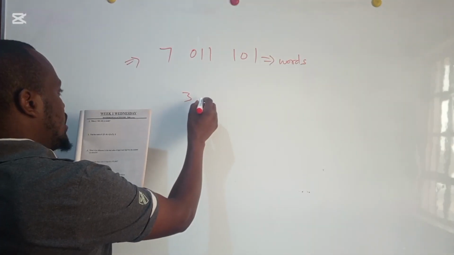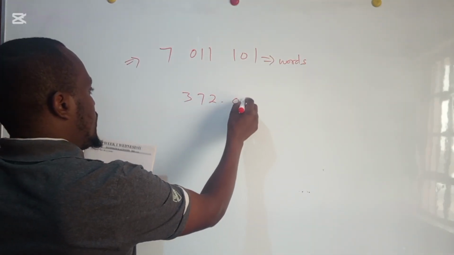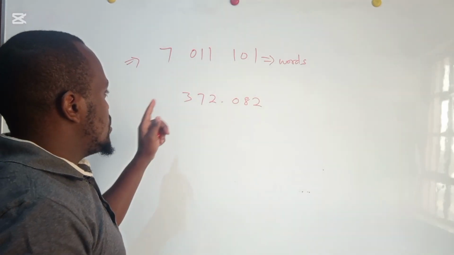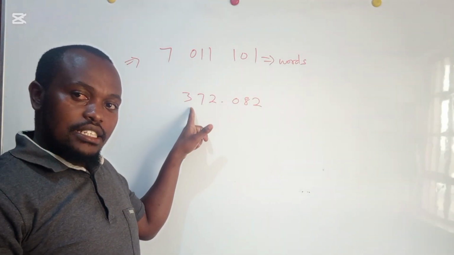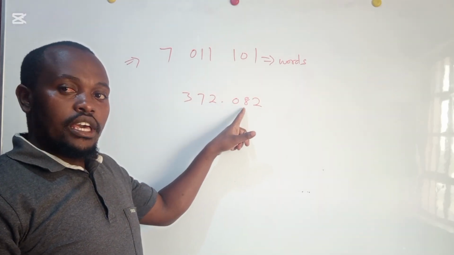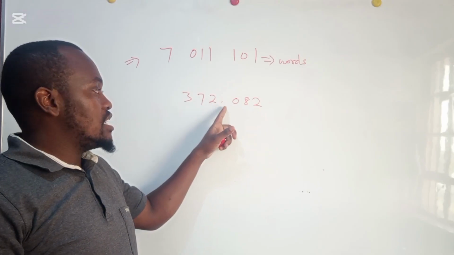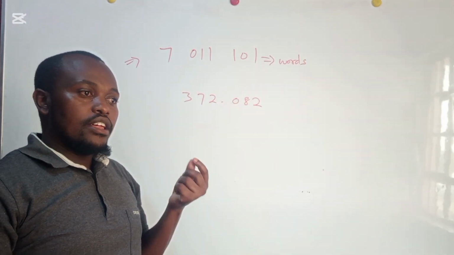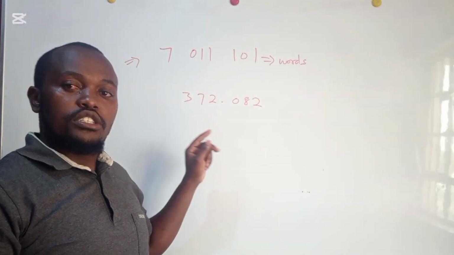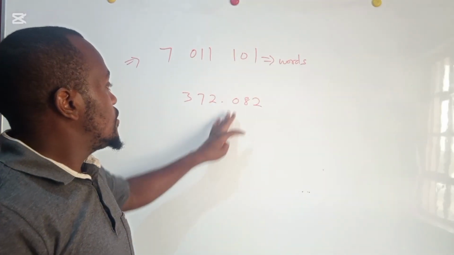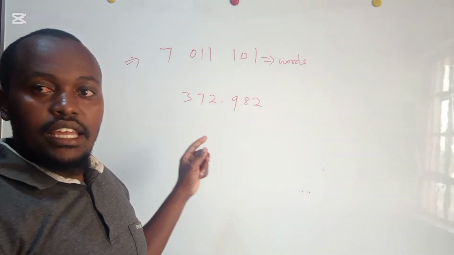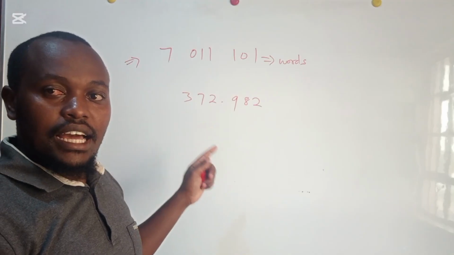If you are told to write this in words, although I've not seen it in your exams, this is what you should say: 372.082. For the digits after the decimal point, you mention them one by one. Don't say 0.082. Or suppose this one was 0.982, don't say 982.